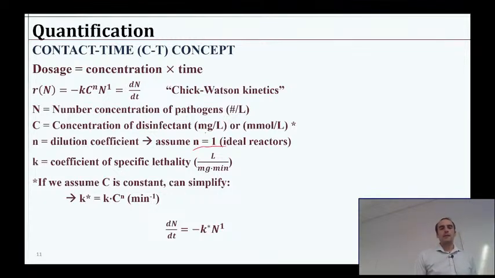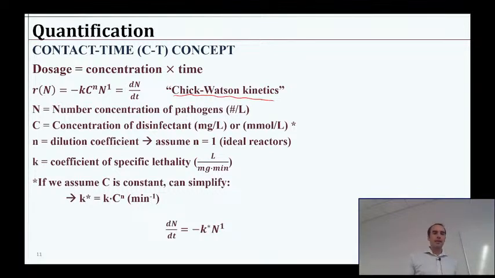Putting all these pieces together and including this coefficient of specific lethality, this whole concept here is called Chick-Watson kinetics. That's for the people that developed this a little over 100 years ago now, defined that, hey, this is how it works. This is how well we can kill things.